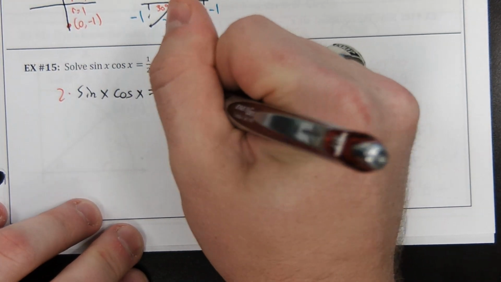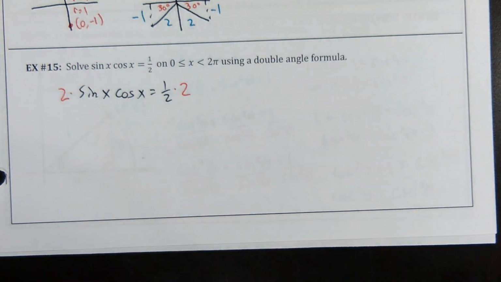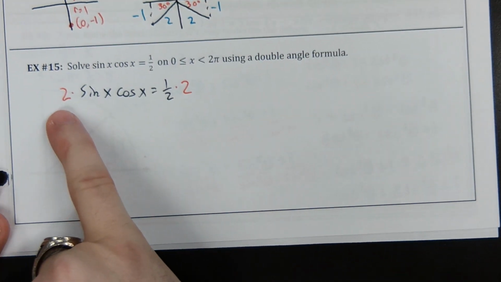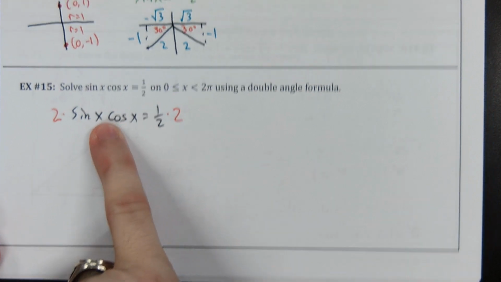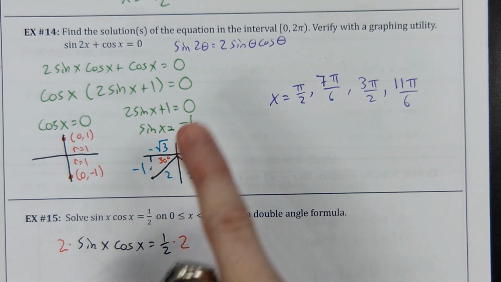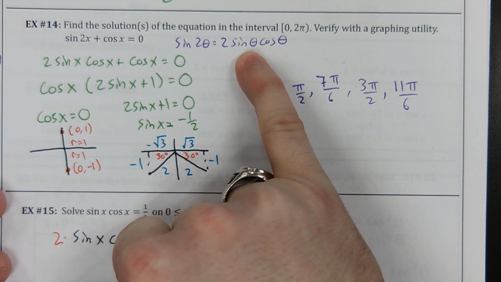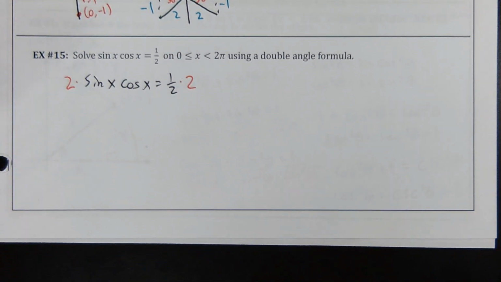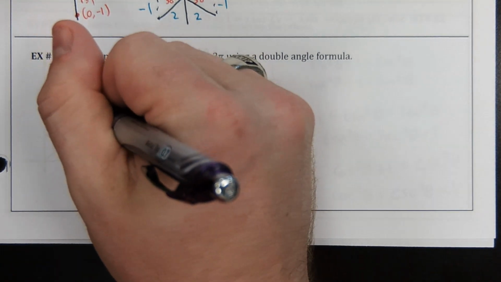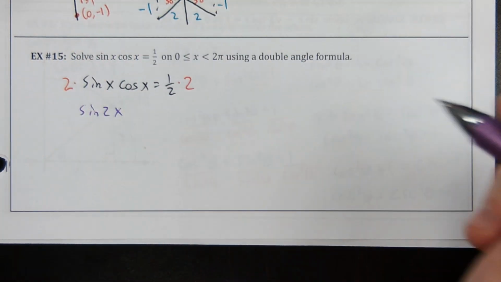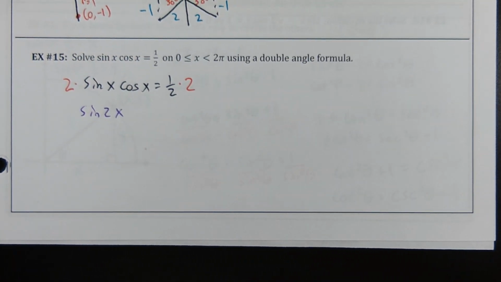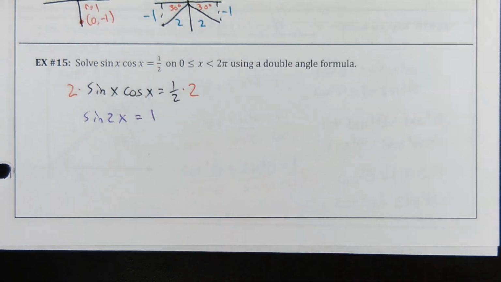So I'm just going to multiply both sides of the equation by 2. Because this 2 sine x cosine x is the double angle identity for sine. So 2 sine x cosine x is equal directly to sine of 2x. Oh, and half of 2 is 1.